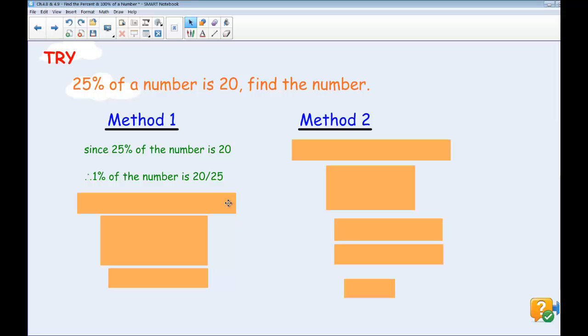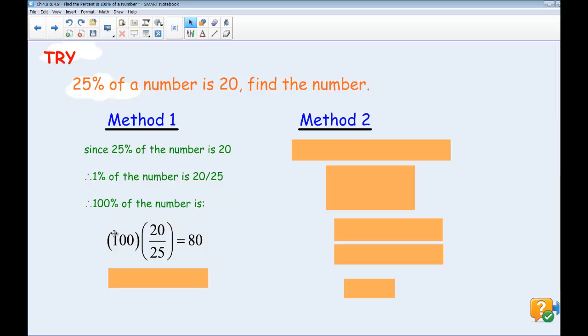So for 100%, we would take this value here, 20 over 25, multiply it by 100. So we get 100 times 20 over 25. That would work out to 80. So our number is 80. So if you took 25% of 80, or 0.25 times 80, you would get 20.